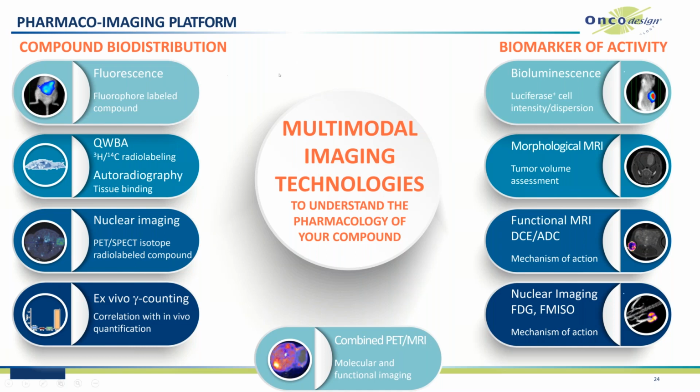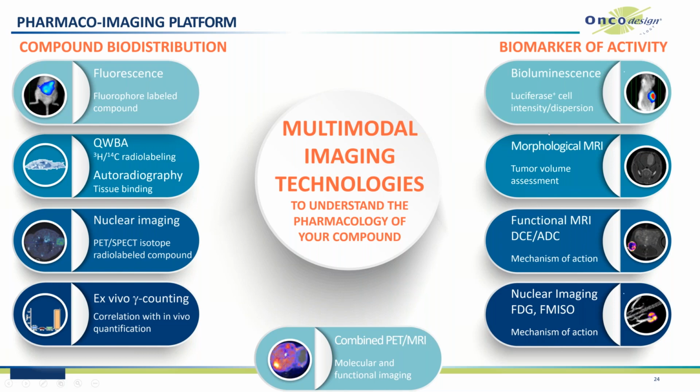So we have two main classes of imaging capabilities: for following compound biodistribution with fluorescence, ex vivo autoradiography, and in vivo nuclear imaging and gamma counting, and the different modalities that allow us to follow treatment efficacy.